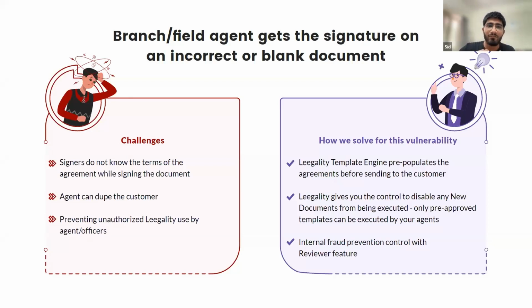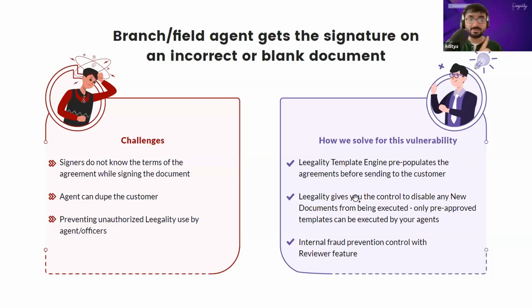Have a maker checker in place that you can never circumvent, and that's baked in through an authentication mechanism to prevent impersonation of reviewers. All of these capabilities work together, along with making sure that only workflows can be used. So these capabilities together protect you against any type of bad actors or bad actions from your branches or from your field agents across the country.